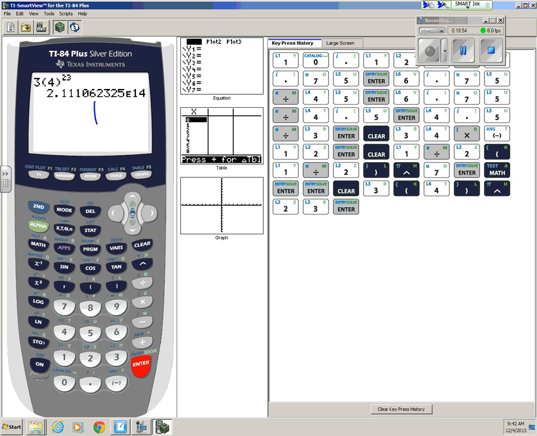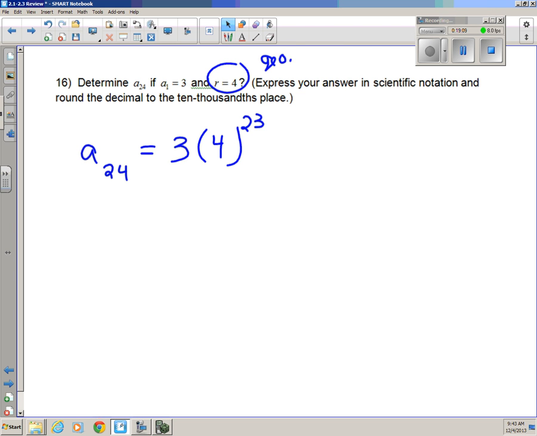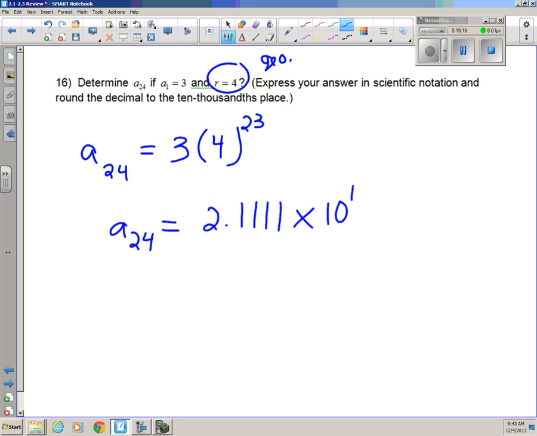So we have to look at the 5th decimal to round to the 4th decimal. 2.1111, and the power of 10 is 14. So how do we write this on our paper? You write it like this. The 24th term, or a sub 24, the value at the 24th position, is going to be 2.1111 times 10 to the 14th power. This is your final answer.